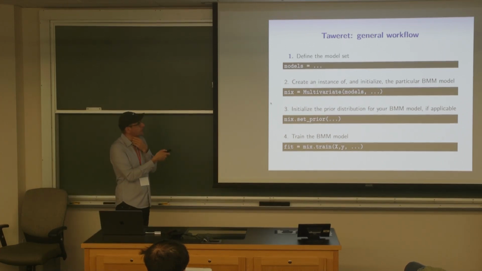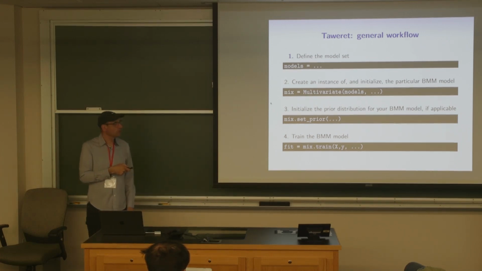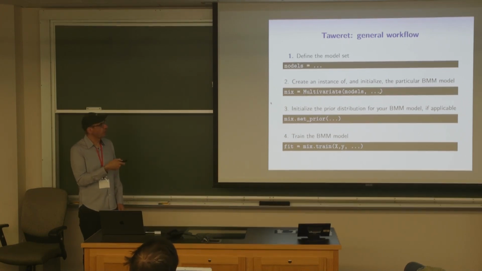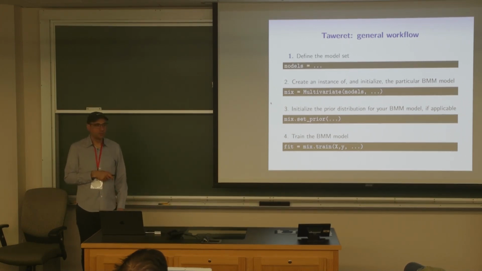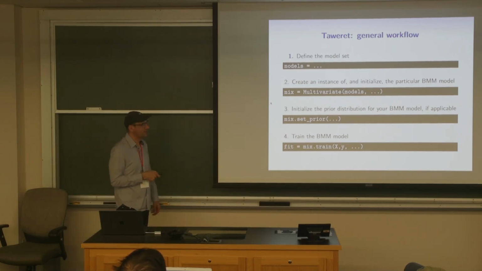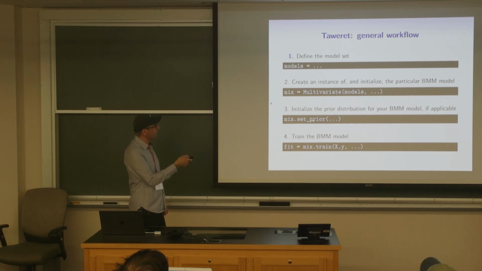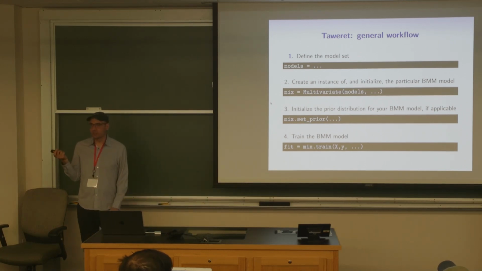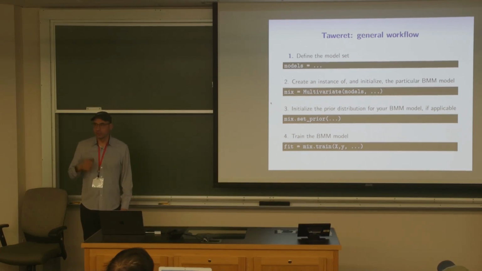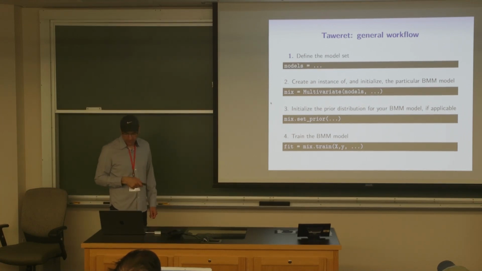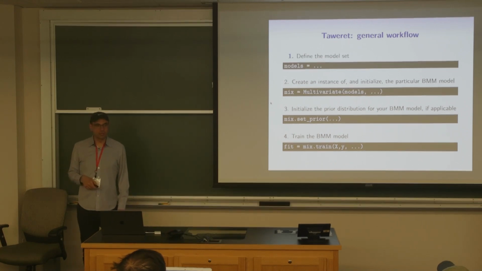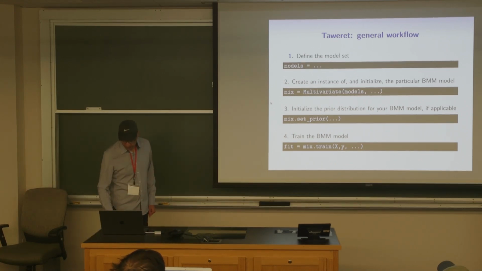For instance, here I'm initializing a multivariate mixer using the models I defined in my model set, and then whatever other parameters multivariate needs, you would just email Alexandra and she would tell you at any time of the day. And then you would set your prior distribution, if you had one to set. For multivariate you don't, but if it was a different one, you would. Then you would hit the train function to train the weights for your mixing model.